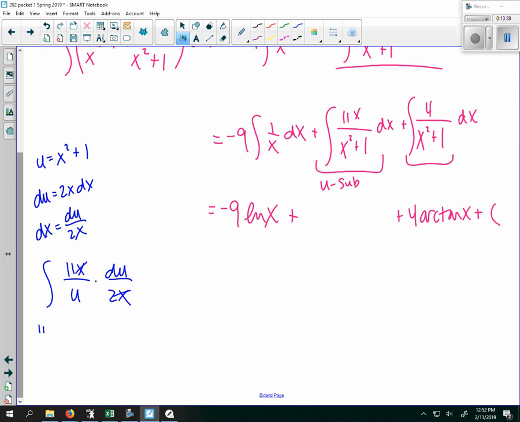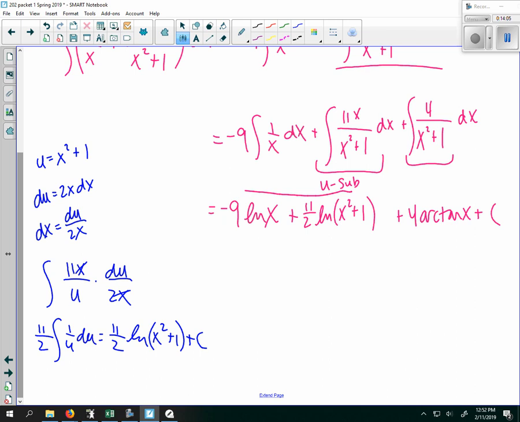So I have 11 halves, the integral of 1 over u du, which is 11 halves times the ln of u, which is x squared plus 1 plus c. So that's what is missing in the middle here. So this is 11 halves ln of x squared plus 1. And I have the plus c on the end there.